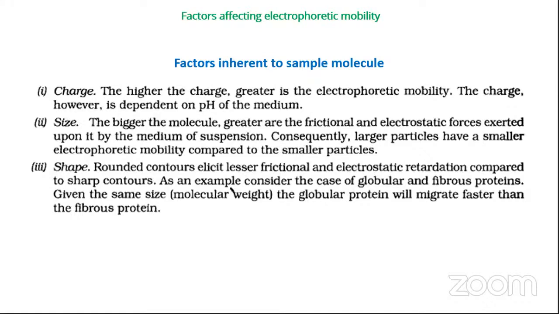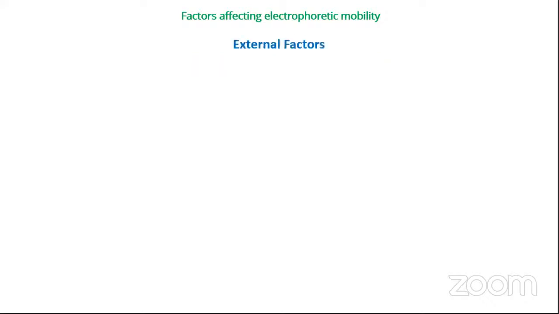So these were the inherent characters associated with the molecule that will affect the migration of the charged entity under the effect of electric field. But apart from that, there are certain external factors as well which affect the electrophoretic mobility of the molecule, and that's what we were discussing in our last class.